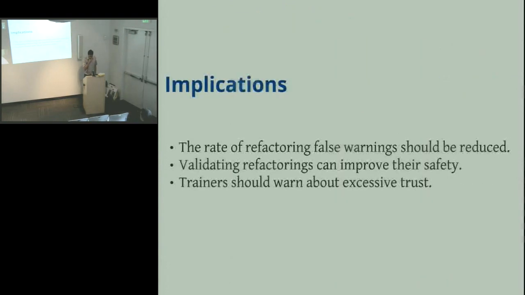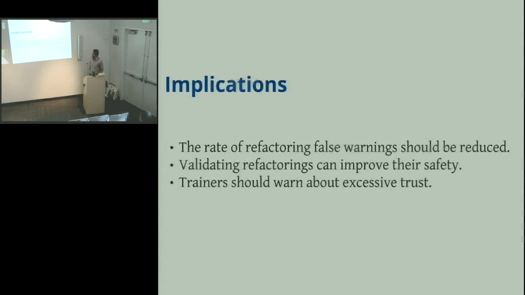So our data shows that programmers tend to ignore warning and error messages. Perhaps one way to reduce this kind of misuse is to reduce the rate of false warnings, so that we are producing relevant messages that programmers should take seriously.